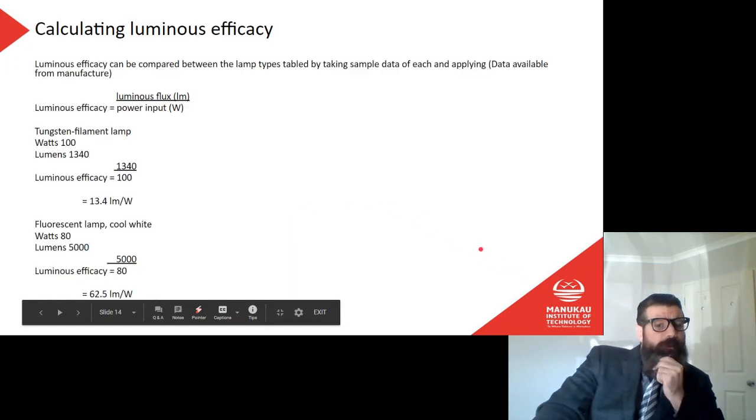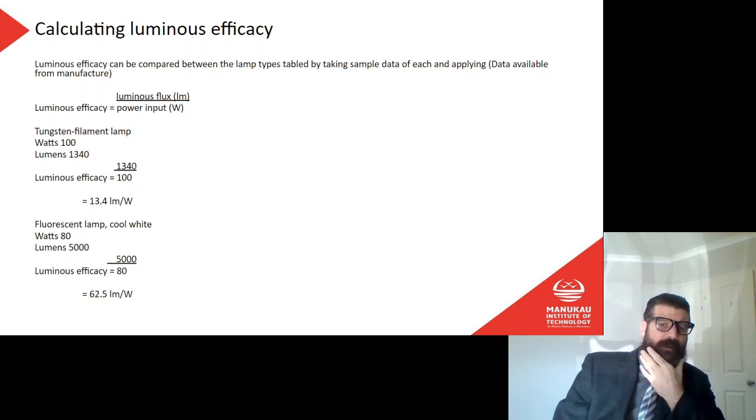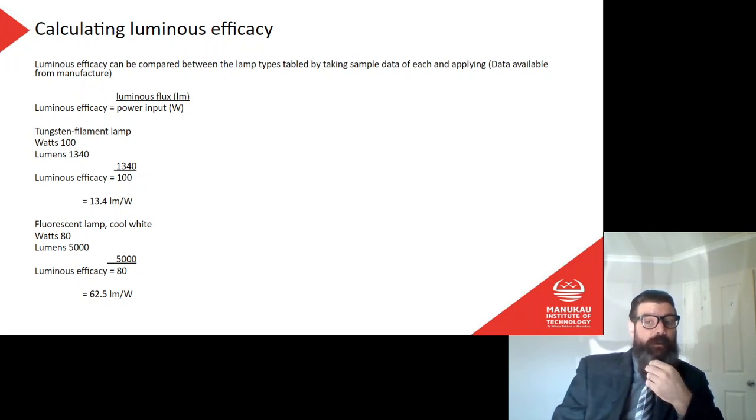Okay, so a little bit of maths then. What do we got? Luminous efficacy. Oh, we did this one, right? So luminous efficacy can be compared between the lamp types by taking sample data of each and applying data available from the manufacturer. So luminous efficacy equals luminous flux over power input.